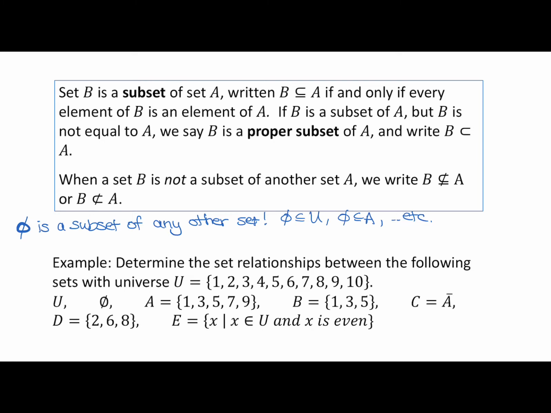Every element of B is contained in A, right? 1 is in B, and 1 is also in A. 3 is in B, and 3 is in A. And 5 is in B, which is also in A. So we say that B is a subset of A. In fact, since B is contained in A but not equal to A, because B doesn't have 7 nor 9, we can write B is a proper subset of A.